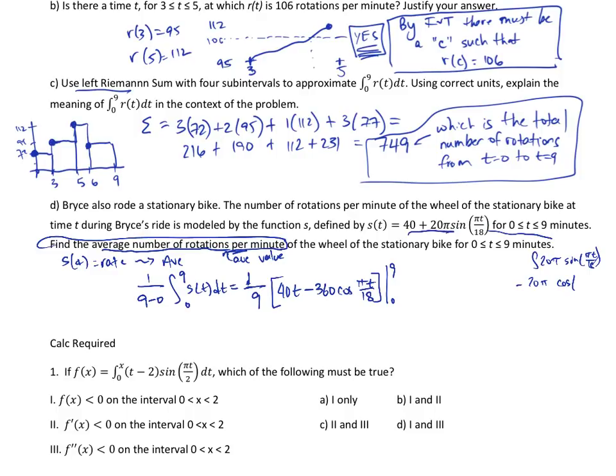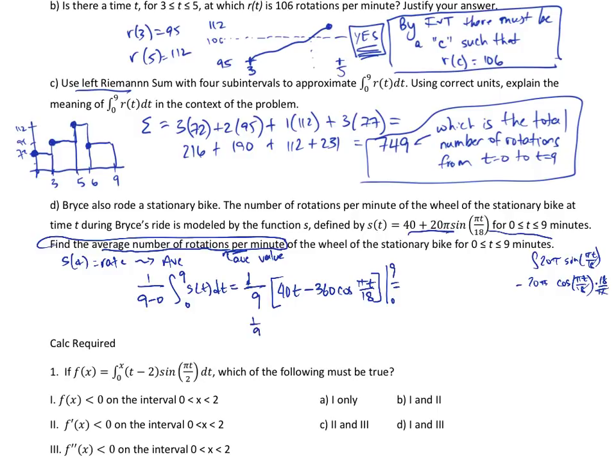And I said pi t over 18, but when I chain rule it to get that, I'm going to have to multiply by 18 over pi to get rid of these that I have. So this is the correct answer. Again, it doesn't matter the method you choose to get to that.